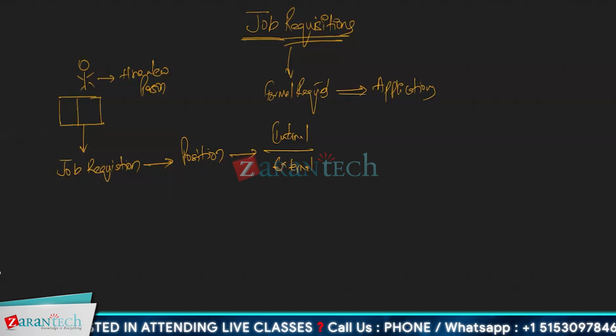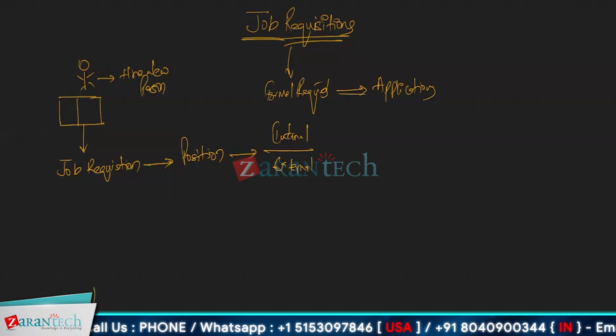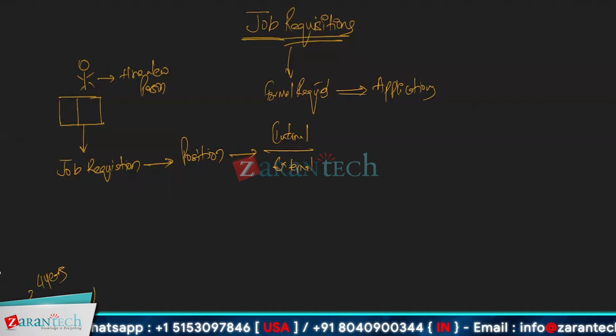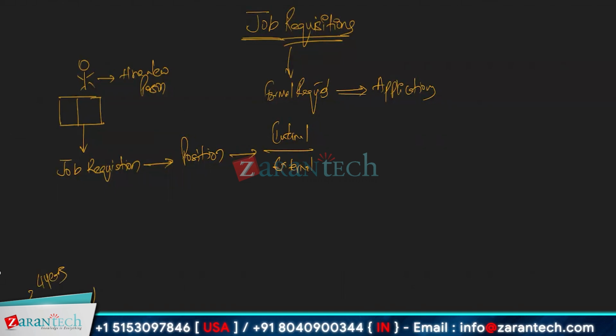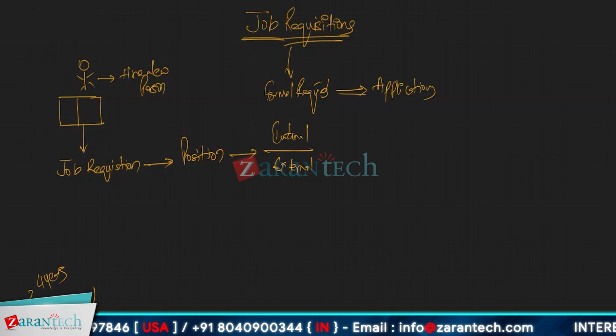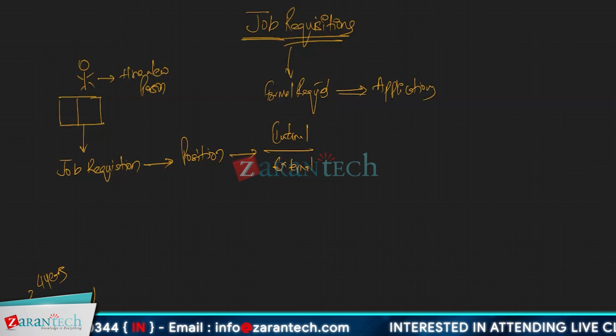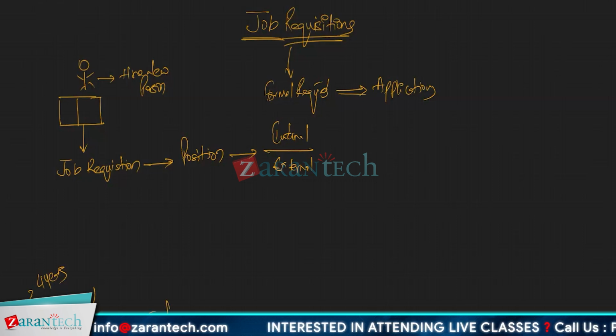let's say you are a recruiter right now, and this company works in the Workday domain, suppose, and you have been a recruiter for the last 4 years. Now there is an opening for a Workday recruitment consultant in this company, and since this person has been a recruiter for 4 years, when this particular job requisition is created, it is posted externally, meaning applications from outside are also considered for this position.